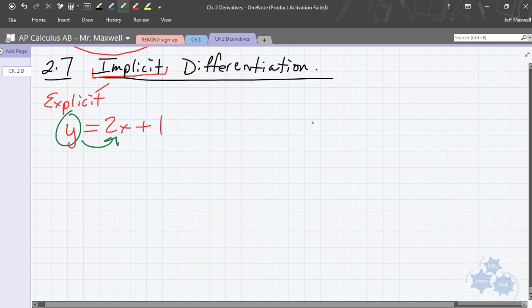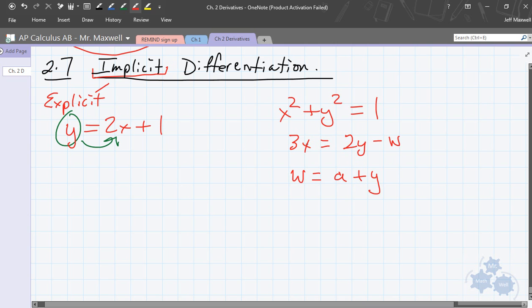The terms are very obvious. If we have something like x squared plus y squared equals 1, or let's say 3x equals 2y minus w, and we have w equals a plus y, you see we have variables all over the place.